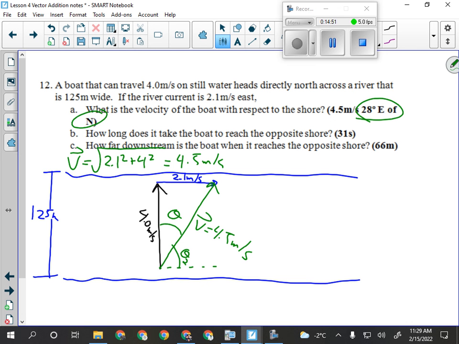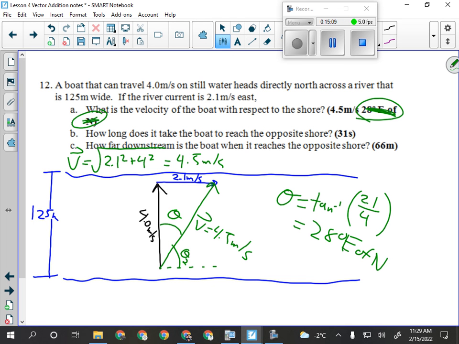This one is with respect to the shore. So theta, as it appears in this triangle, will be tan to the minus 1 of 2.1 over 4. That'll give me my 28 degrees east of north, but that's not the angle they ask for. They ask for this angle, which is going to be 62 degrees north of east.